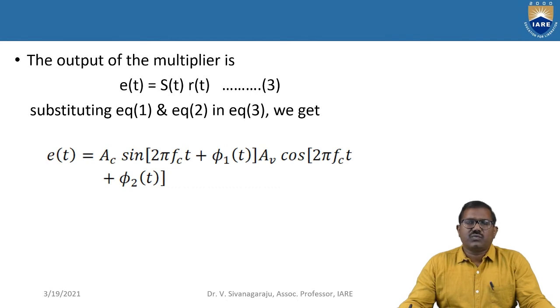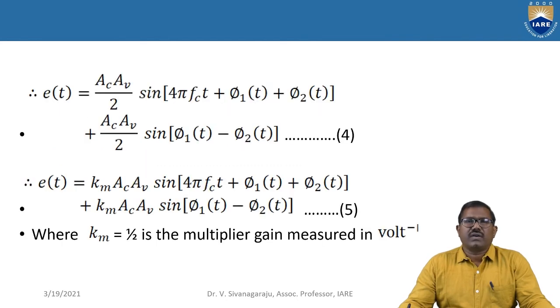To simplify this equation, E of t is equal to Ac Av by 2 sine of 4 pi fc t plus phi 1 of t plus phi 2 of t, plus another term, Ac Av by 2 sine of phi 1 minus phi 2.